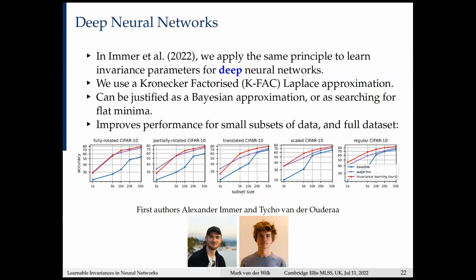So whether or not the K-FAC Laplace approximation is actually a good approximation to the marginal likelihood, I think this Bayesian way of thinking, and particularly going beyond the uncertainty quantification way of thinking, can actually lead to methods that can contribute to deep learning. So I'm very excited about this line of research at the moment.